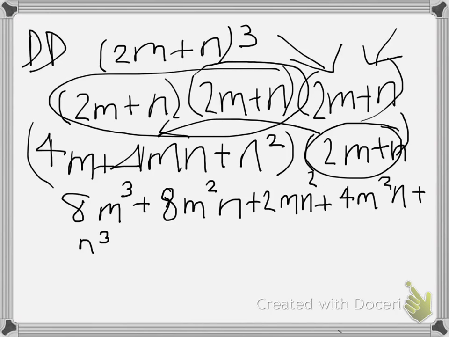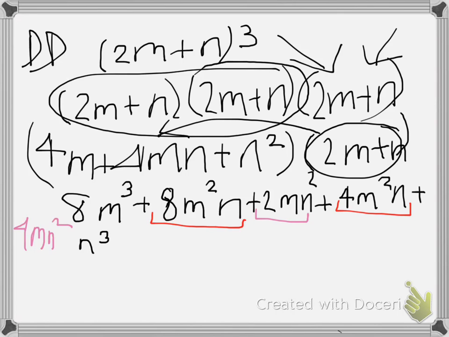Now we're going to put the like terms together. So 8m squared n and 4m squared n, and then 2mn squared, and then 4mn squared.